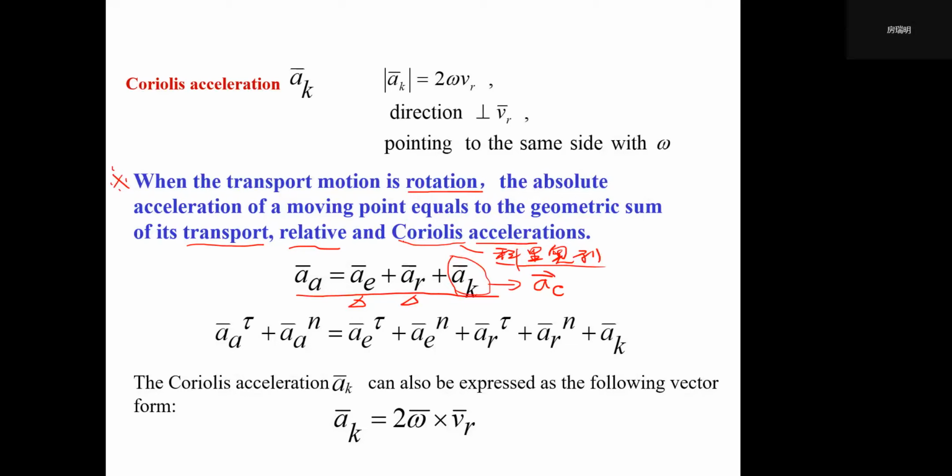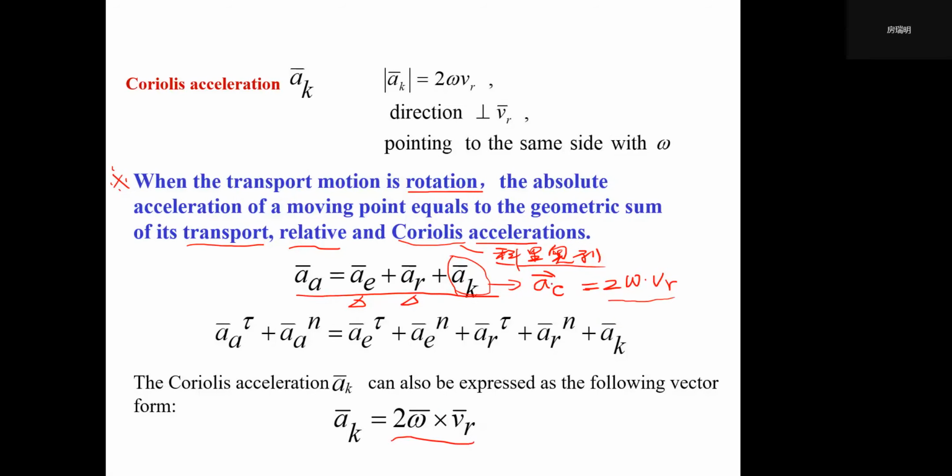So this AC will equal 2 times omega transport cross VR. Although this is a cross product, almost all normal engineering problems are plane problems, so we always use this expression to find its magnitude.